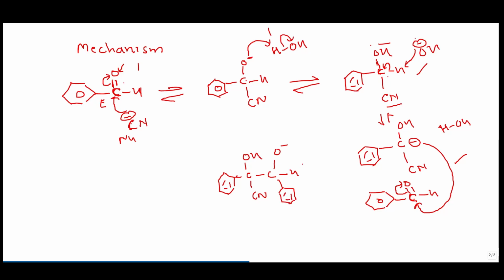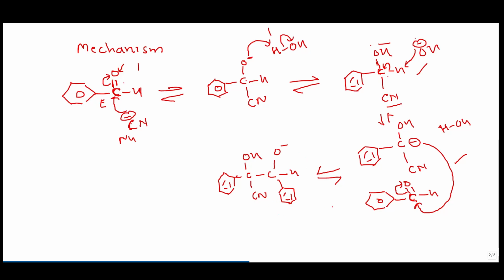Now, see, a negative charge is generated here. So, if this negative charge forms a pi bond again, then this part will go away. So, the reaction is reversible, this product can go back. So, this reaction step is also reversible.